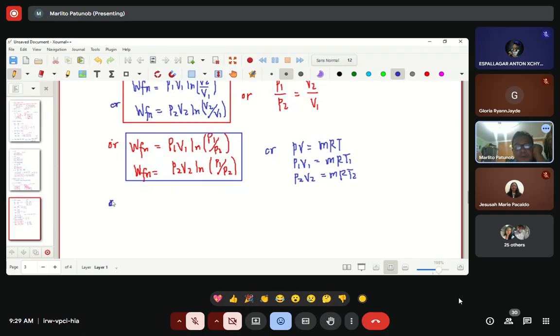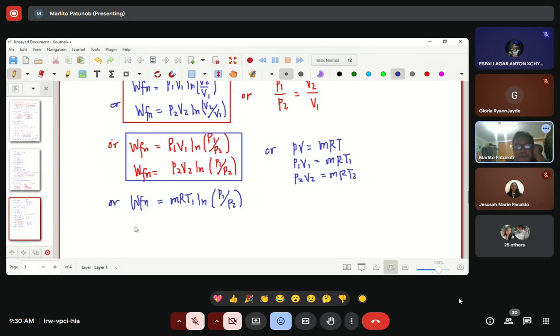Or you can say your work length flow can also be MRT1 ln of P1 over P2, or simply B2 over B1.